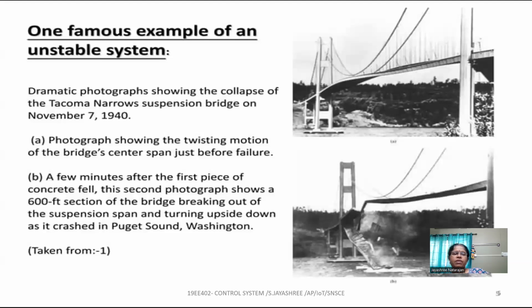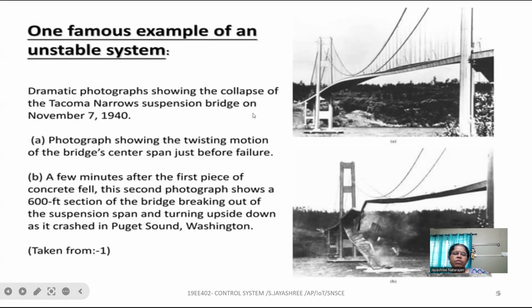The first photograph shows the twisting motion of the bridge center span just before failure. The bridge started twisting. It is an unstable state.